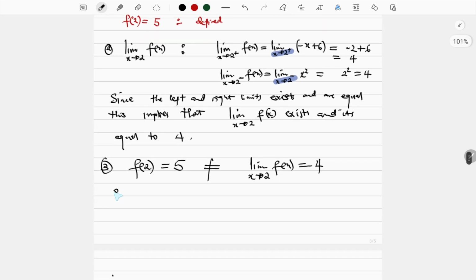Therefore, f of x, which is equal to x squared plus 5 and minus x plus 6, is not continuous at x equal to 2.